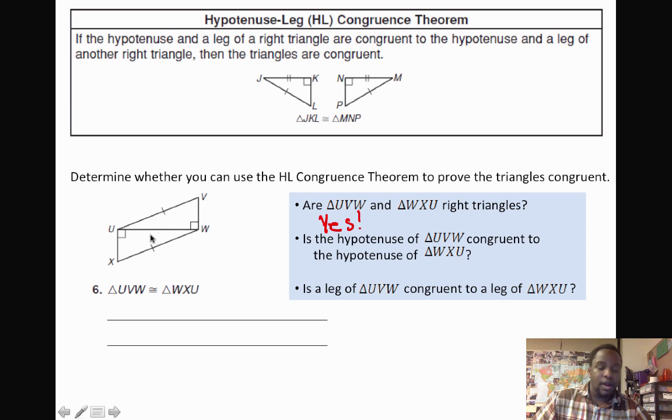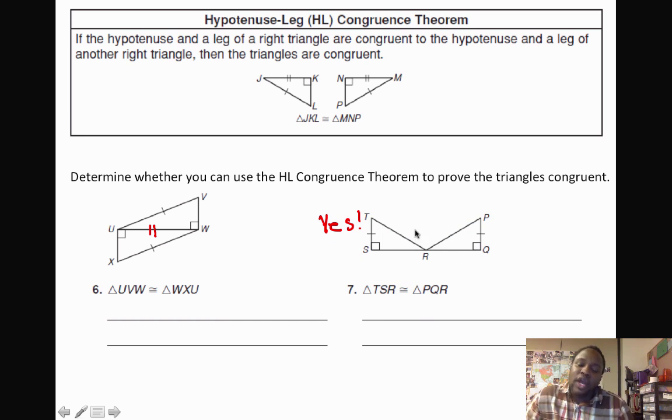Yes, they are, because of the congruent tick marks. Is a leg of triangle UVW congruent to a leg of triangle WXU? Well, yes, indeed. The leg UW is used in both triangles, so we can use the reflexive property of equality to say that. Therefore, we can prove these triangles are congruent by hypotenuse leg.